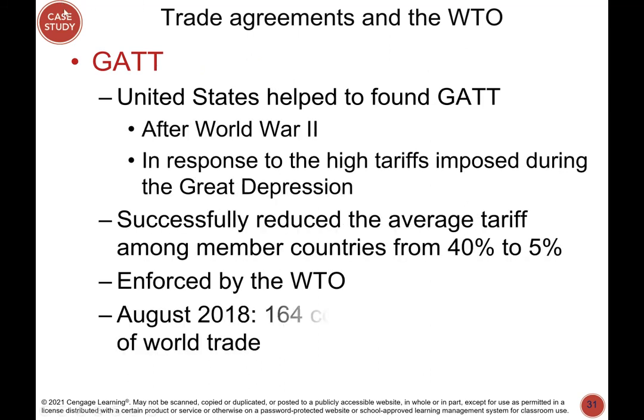The United States helped to found GATT after World War II in response to the high tariffs imposed during the Great Depression. It successfully reduced the average tariff among member countries from 40% to 5%, enforced by the WTO. As of August 2018, 164 countries with more than 97% of world trade were under GATT.